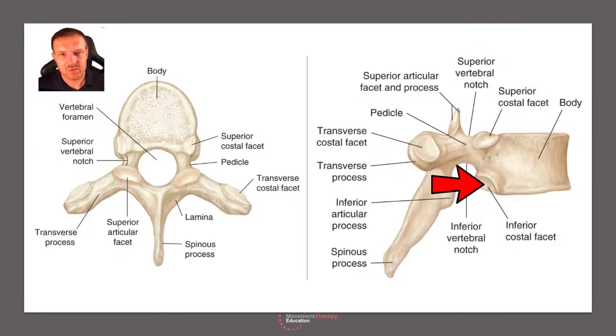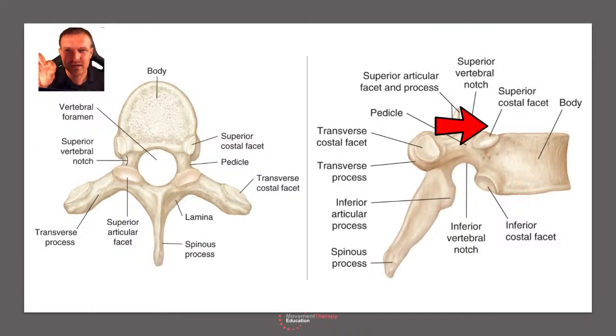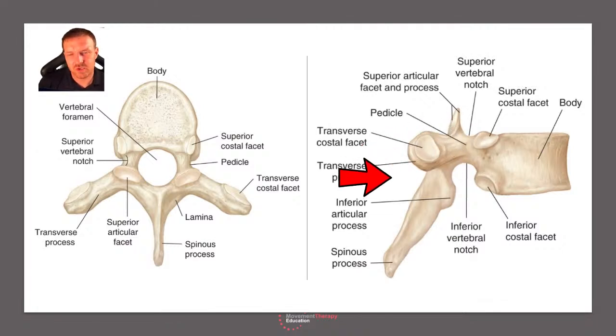This one here and this one here, they're what we call demi facets, so half facets, because when the rib attaches, half of it will attach on that bit, and the other half of the rib will attach into the vertebra above. So the rib straddles the joint, and then it comes around onto the transverse process.